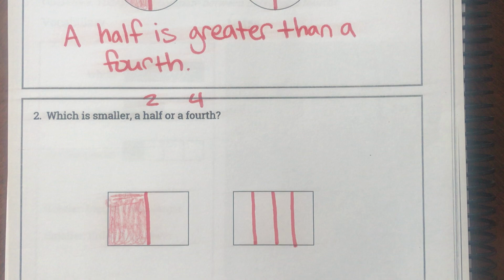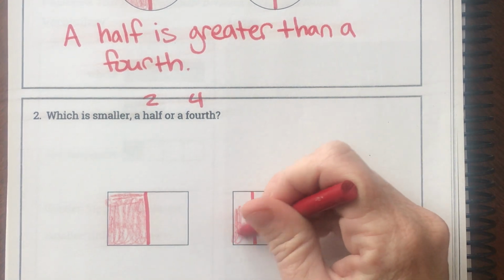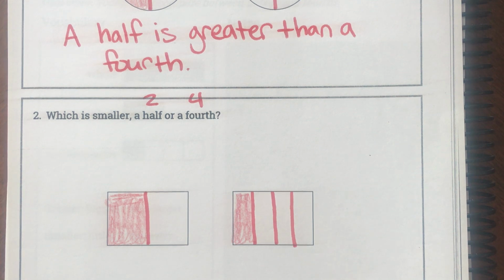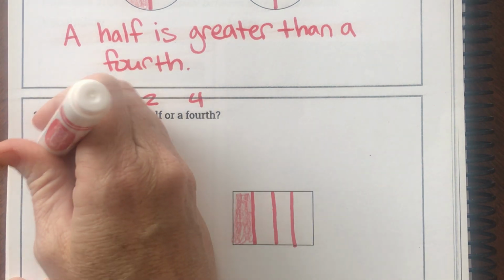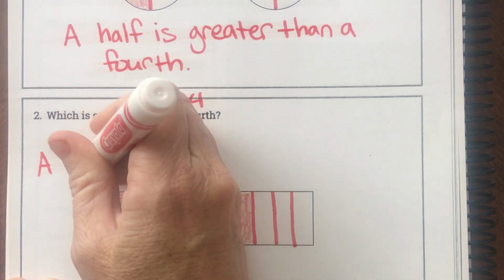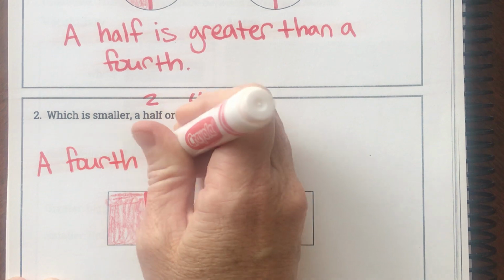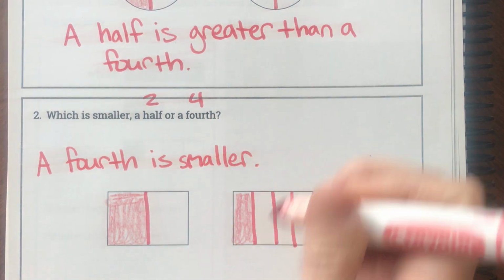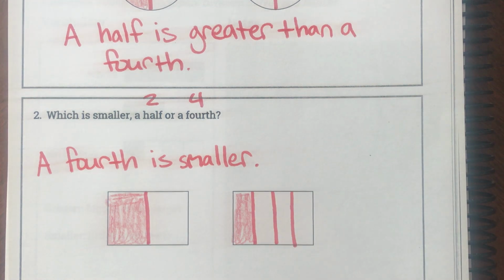And I'm going to shade in one. So this one says, which is smaller? So which of these is a smaller piece? This one's smaller. So I could say a fourth is smaller. Oops, I almost spelled that wrong. A fourth is smaller.